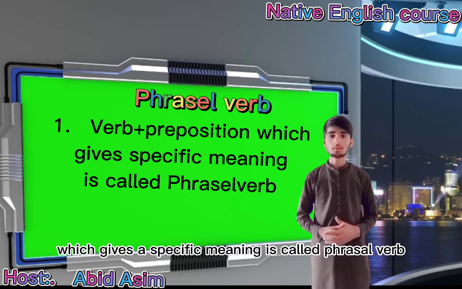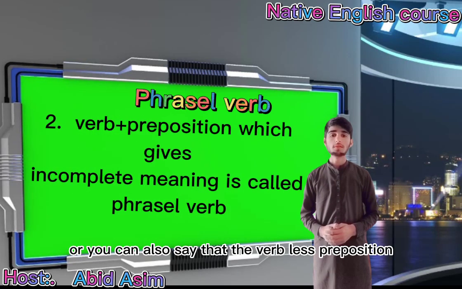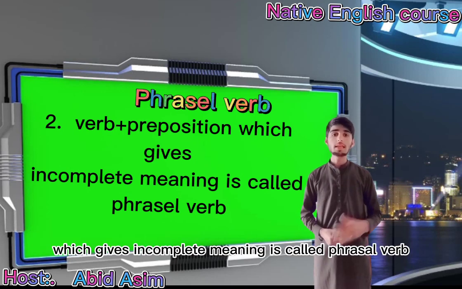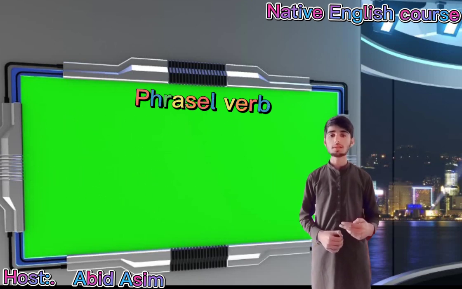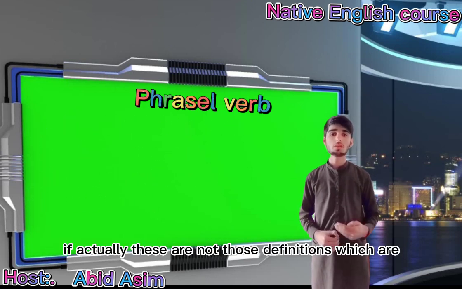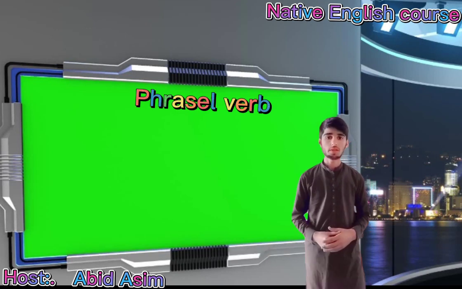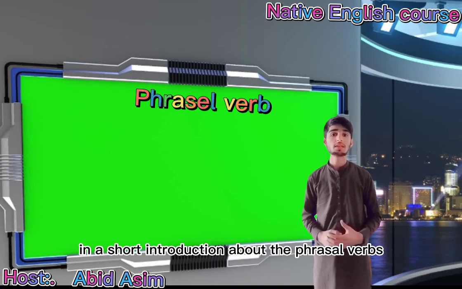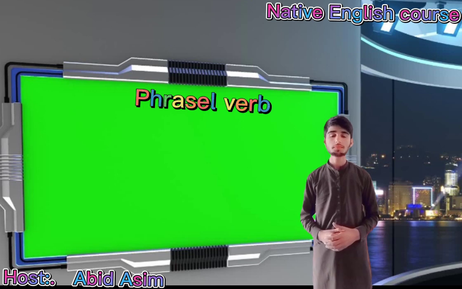Or you can also say that a verb plus preposition which gives an incomplete meaning is called a phrasal verb. These are not explanatory definitions, just short definitions in a short introduction about phrasal verbs.